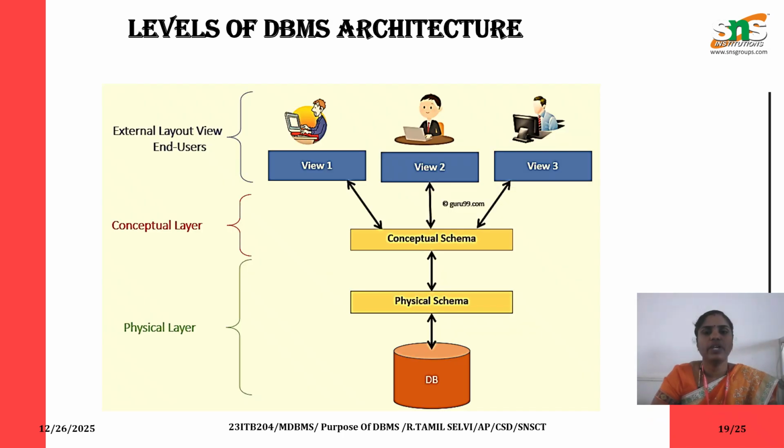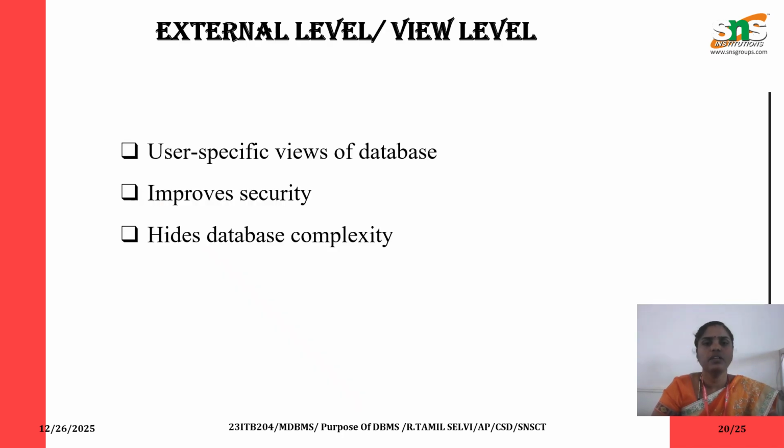In DBMS, we have three levels of architecture. The first one is the physical level, the second one is the conceptual level, and the third one is the external or user view level. The first one is the external or view level, that shows user specific views. That means different users see different data, that improves the security and hides the database complexity from the user.